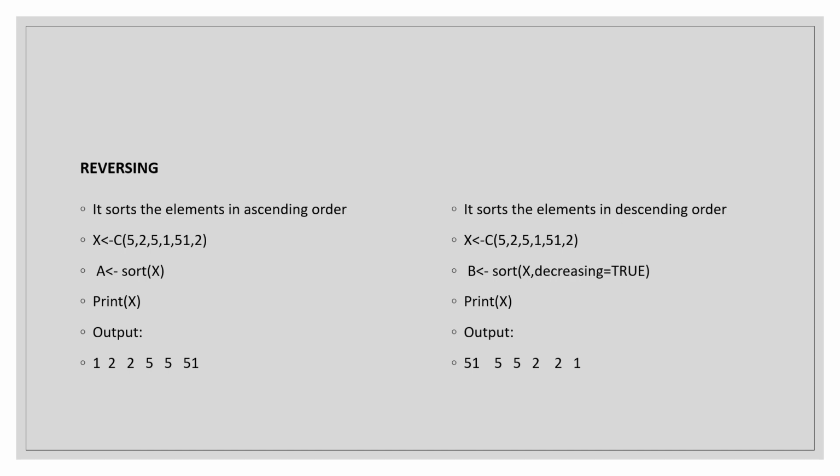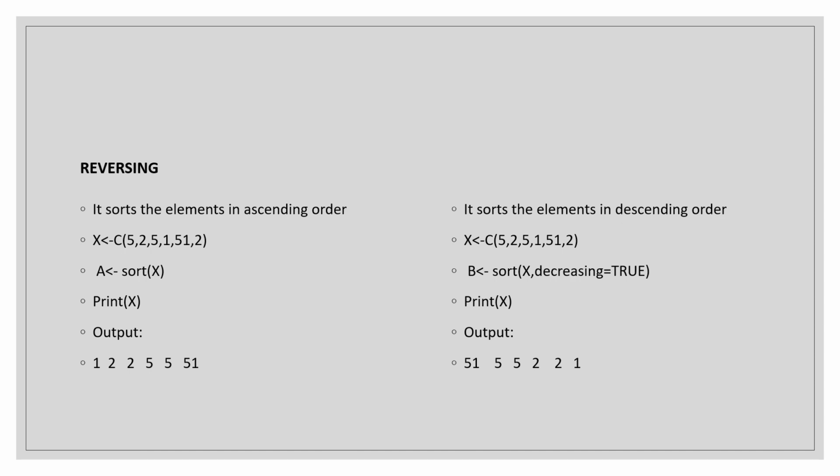So here we use a vector v to store the sorted vector of x. If we print the vector, we get the output in a sorted way. As you can clearly see, the least element in the x vector is 1 and the highest element in the x vector is 51. It is arranged in an ascending order.